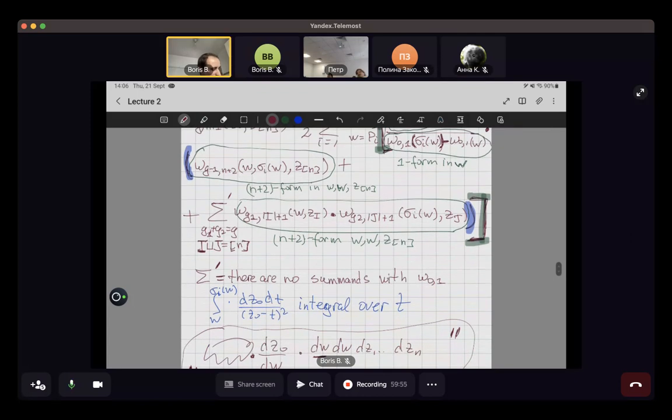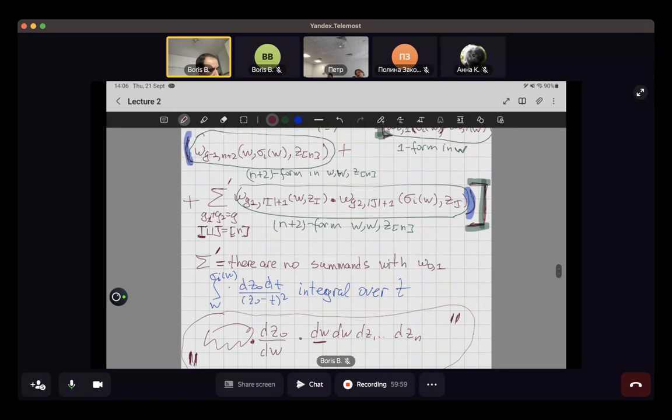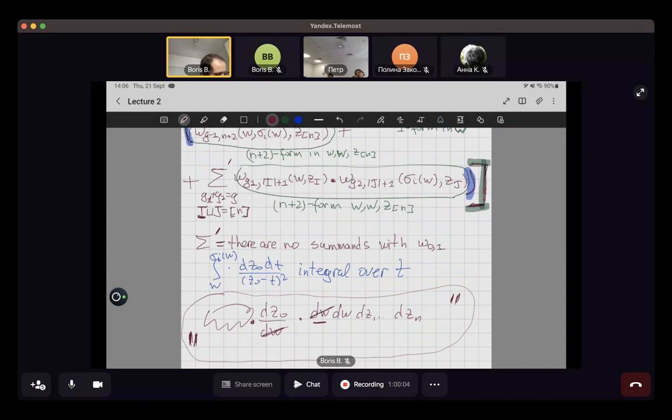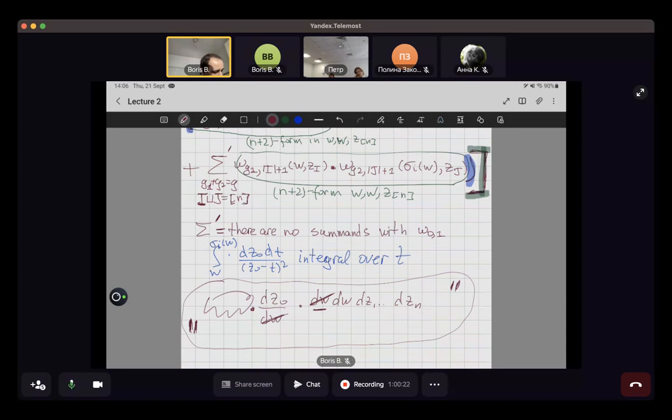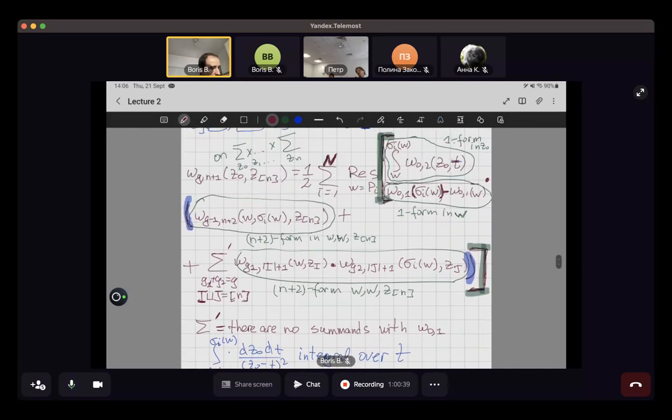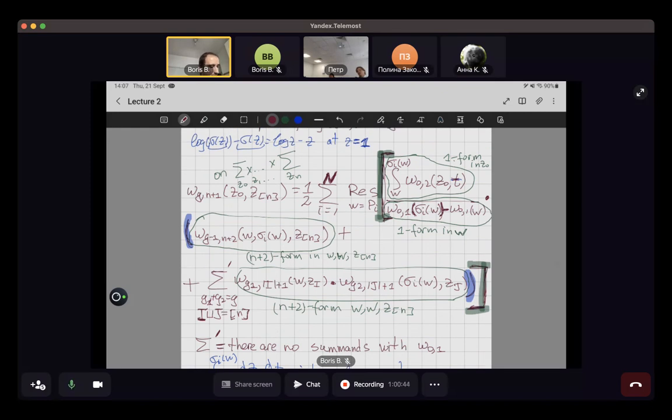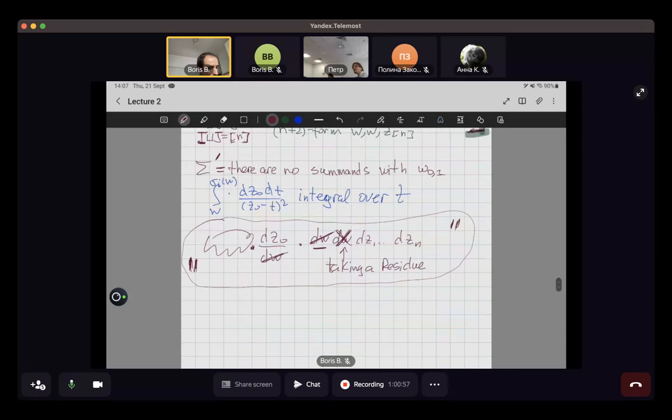But what we wanted to say is that we have this cancellation of dw in the denominator and numerator, and then we take a residue at this point. Say if we have one point p1, then we obtain exactly the same object as on the left hand side, this n+1 form on n+1 copies of sigma with coordinates z0, z1, etc., zn.